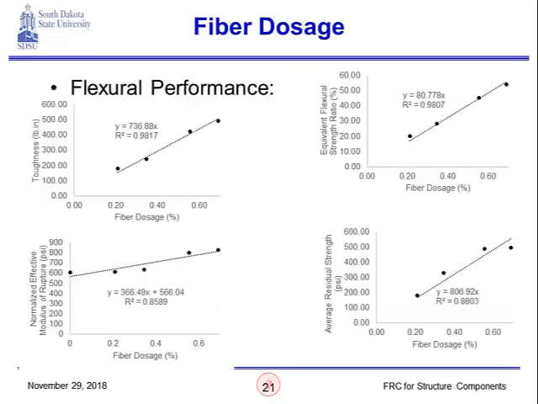Now moving to the effect of the fiber dosage on the flexural performance. Here I'm just showing the averaged values across all fiber types. And we see an increase as we increase the fiber dosage in almost all properties.